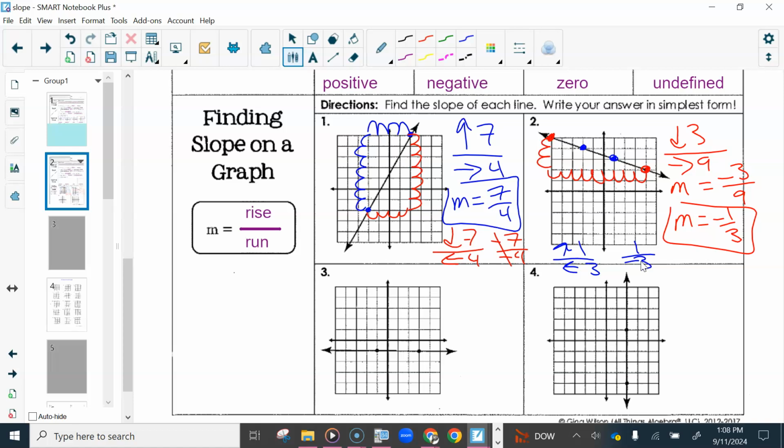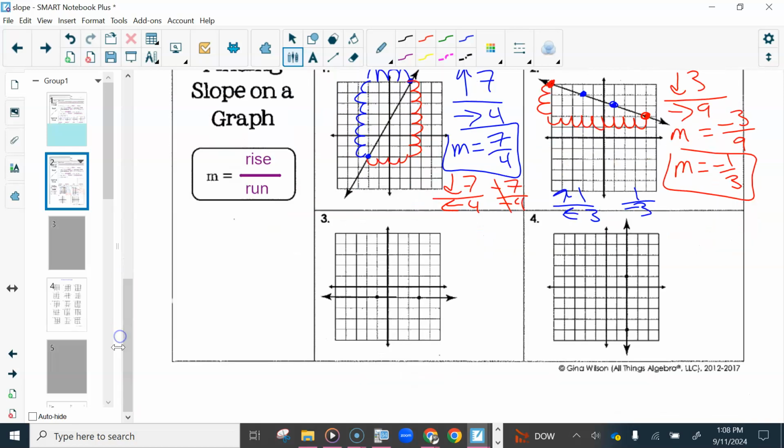Right? For number 3, before we talk about that, I want you to write these letters. Hoybux. This is going to be a mnemonic for you to help you remember to keep these straight. H is for horizontal lines.